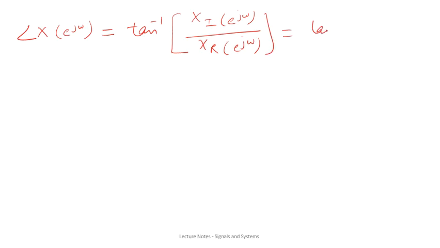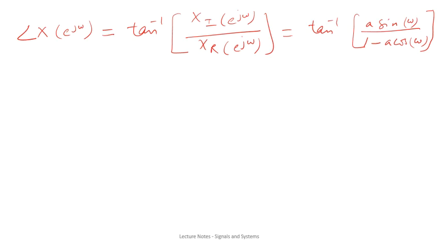So again that will be equal to tan inverse of a sin omega over 1 minus a cos omega. So this is the expression for the magnitude and phase of this Fourier transform.